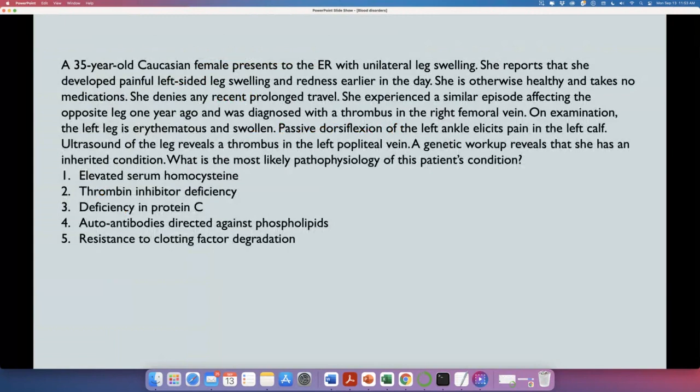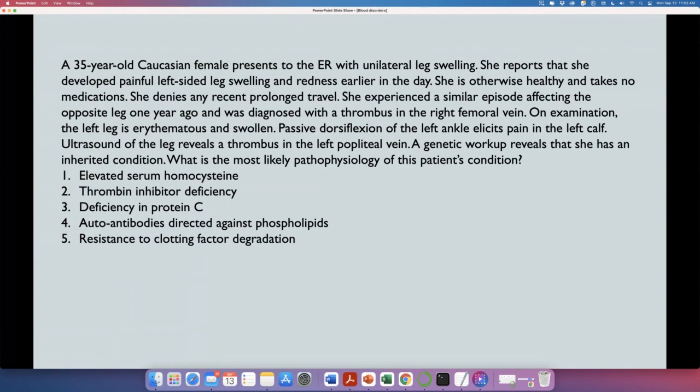Now what? Okay, we have here a 35-year-old Caucasian female with unilateral leg swelling. Do you notice that she's getting older? The previous was 25, then 30, now 35. She reports that she developed painful left-sided leg swelling and redness earlier in the day. Otherwise, she's healthy, takes no medications. She denies any prolonged travel.